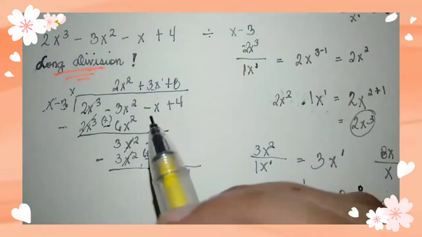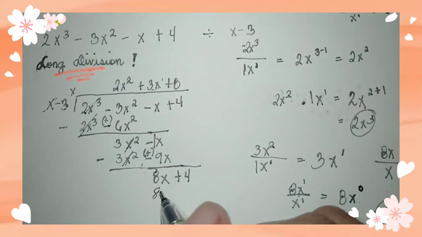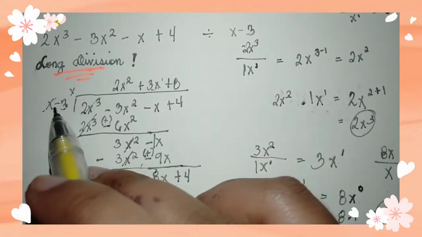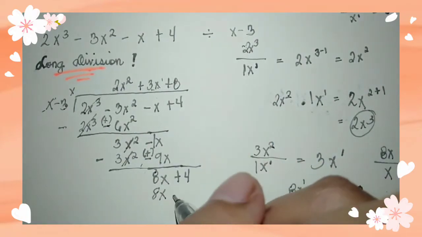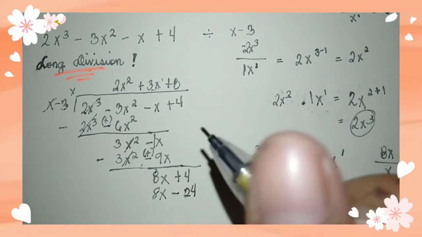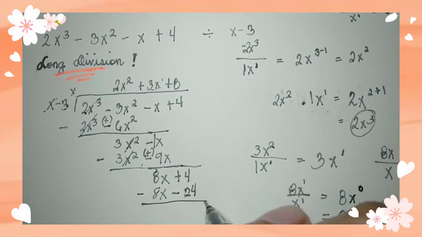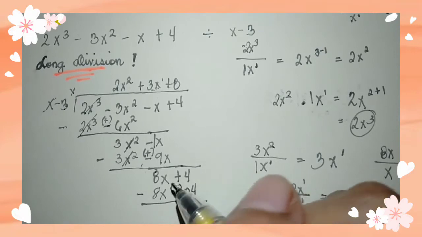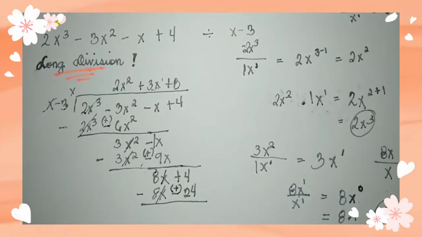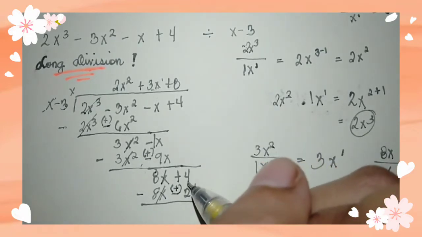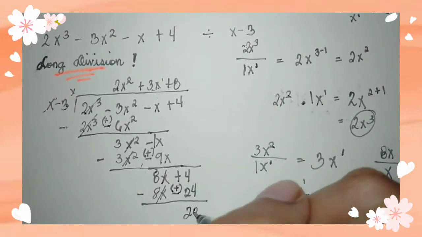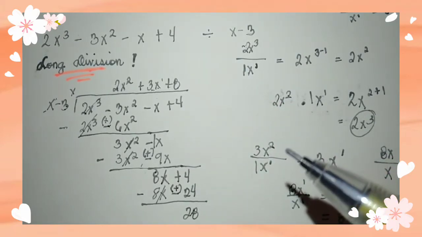Plus 8. And then 8 times x is equal to 8x. And 8 times negative 3 is equal to negative 24. Subtract again. Magiging positive to. Makakancel naman si 8x. So, we have 4 plus 24 is equal to 28. So, yan na yung pinaka-remainder natin.